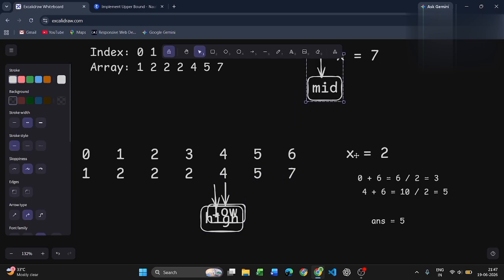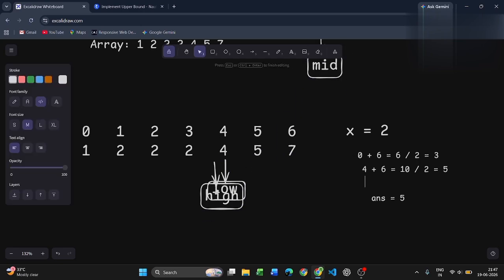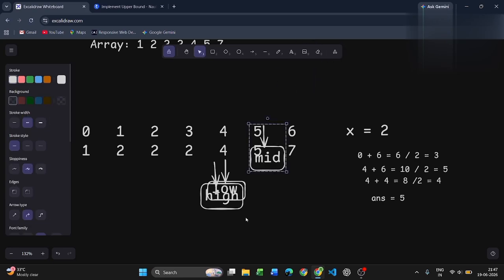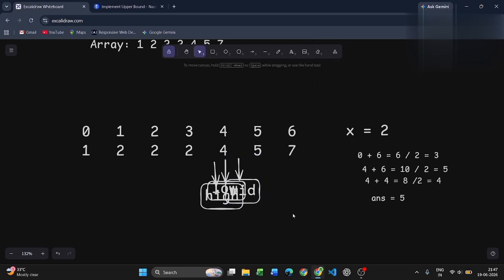Now we will again calculate the middle, which is 4 plus 4, which is 8 divided by 2, which again gives 4. So middle would be placed at the fourth index. Now here we can see that mid is placed at the fourth index and 4 is also greater than 2.